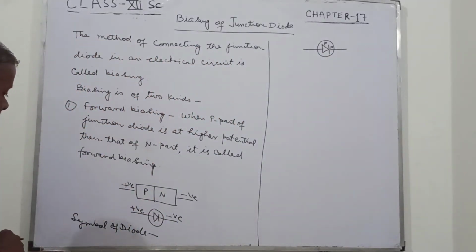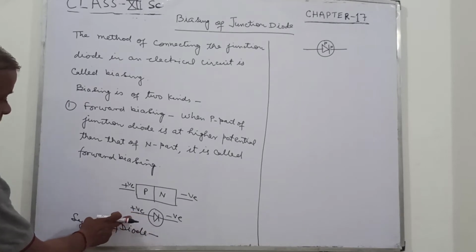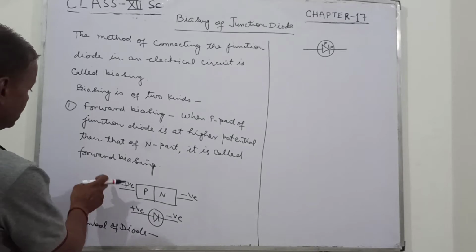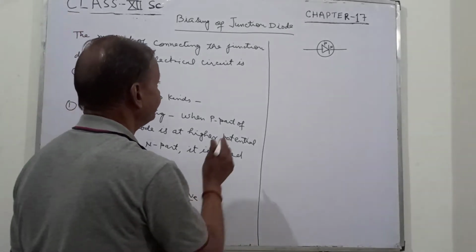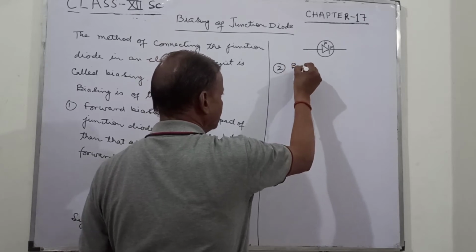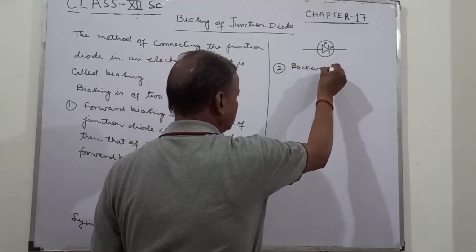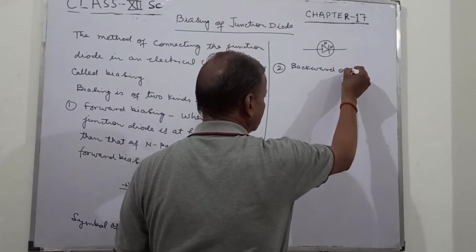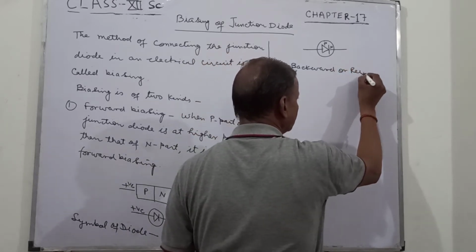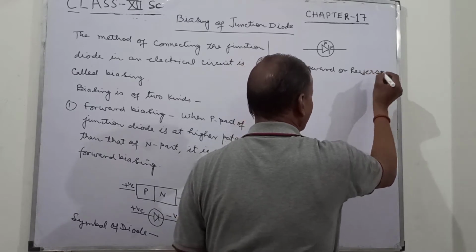So when this P part is at a higher potential than the N part, this is called forward biasing. Second is backward or reverse biasing.